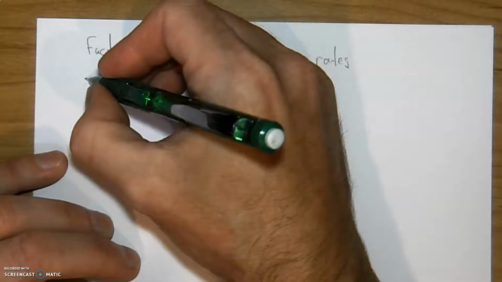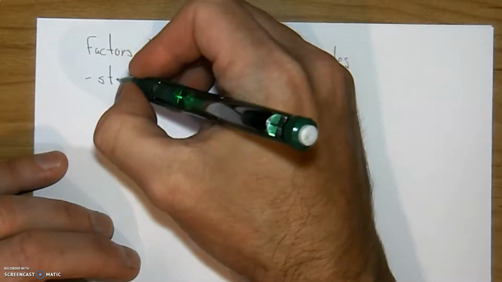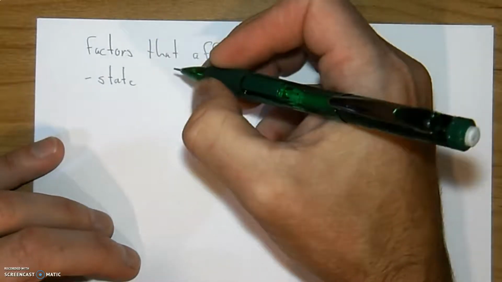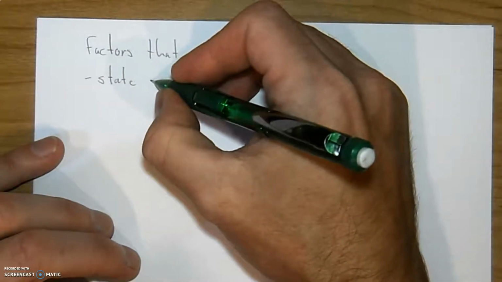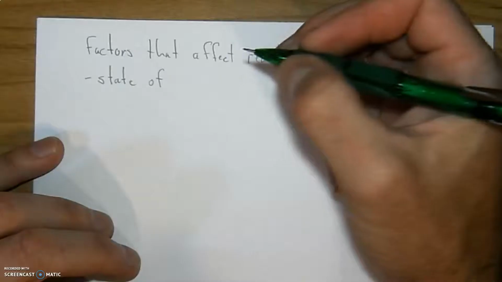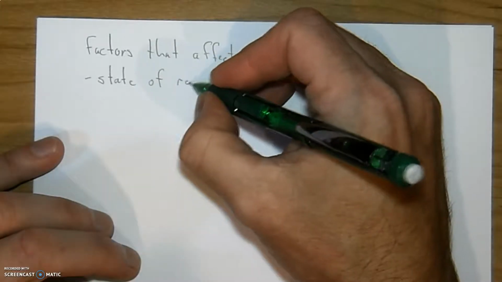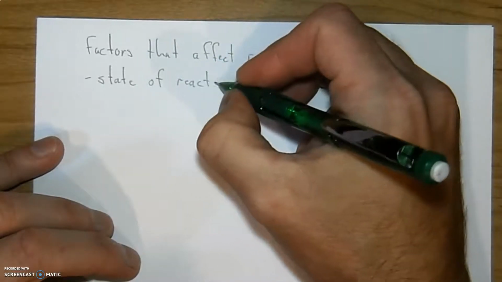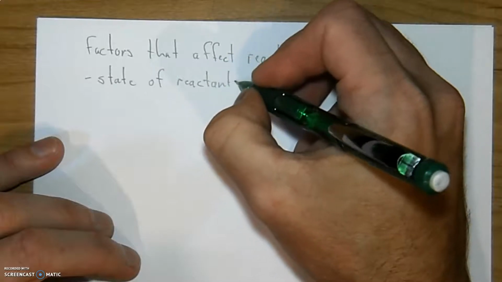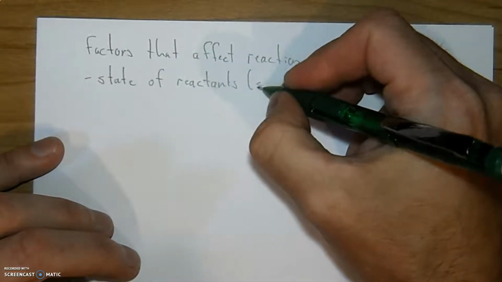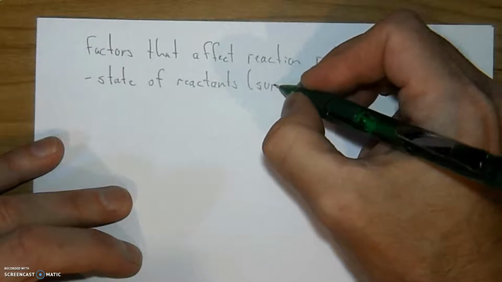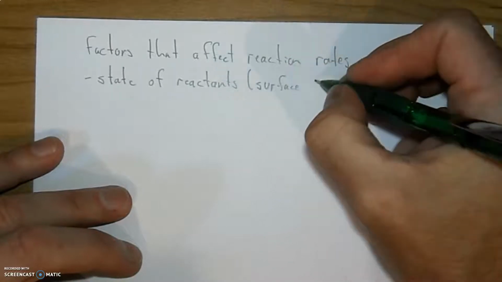And the first one would be the state. And we don't mean like solid, liquid, or gas. State of reactants. And we are specifically talking about the reactants. In this case, when we say state, we're really referring to the surface area.